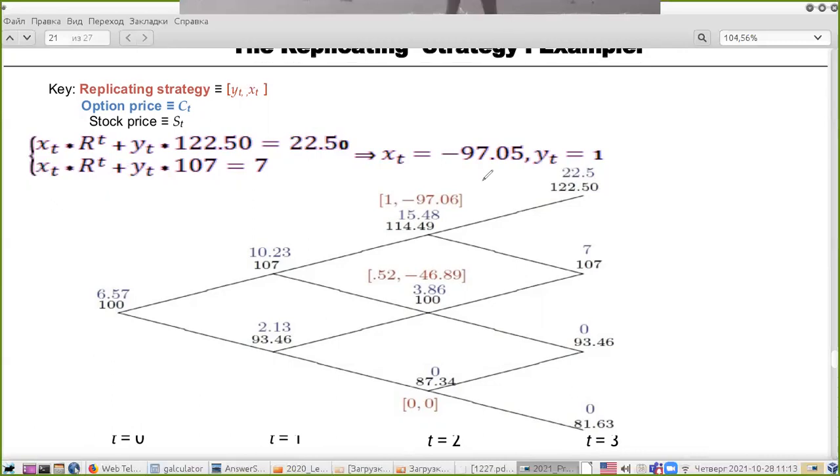So this is the system for this one period 3. It is cash multiplied by RT, and the amount of stock multiplied by 122.5, and it will be this.